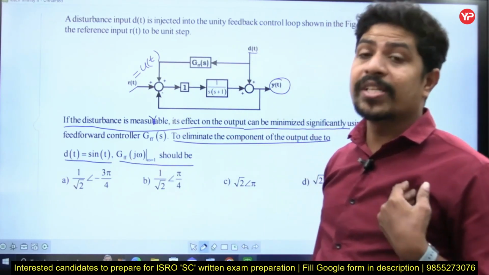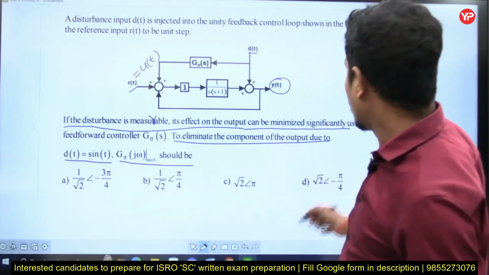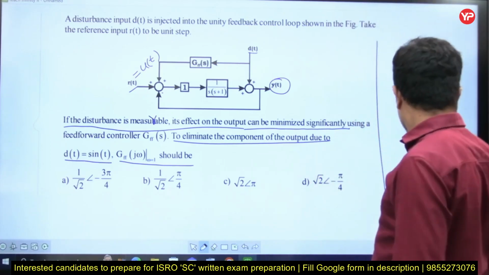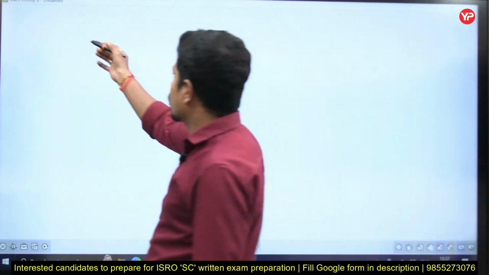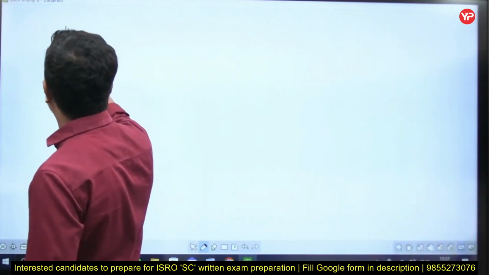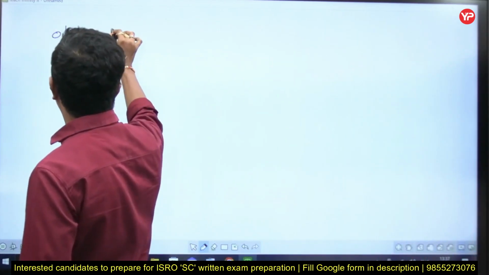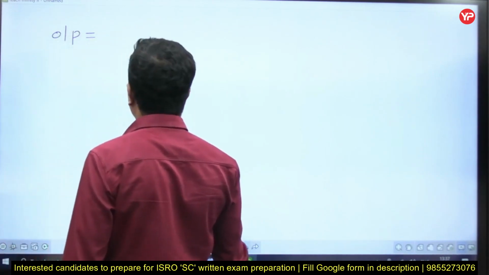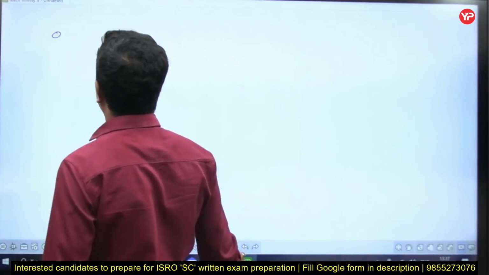Now for that I have to find GFF of s. See, simple thing, output must be equal to 0. See, output is of two parts. I write it as total output, in s domain only I am writing.